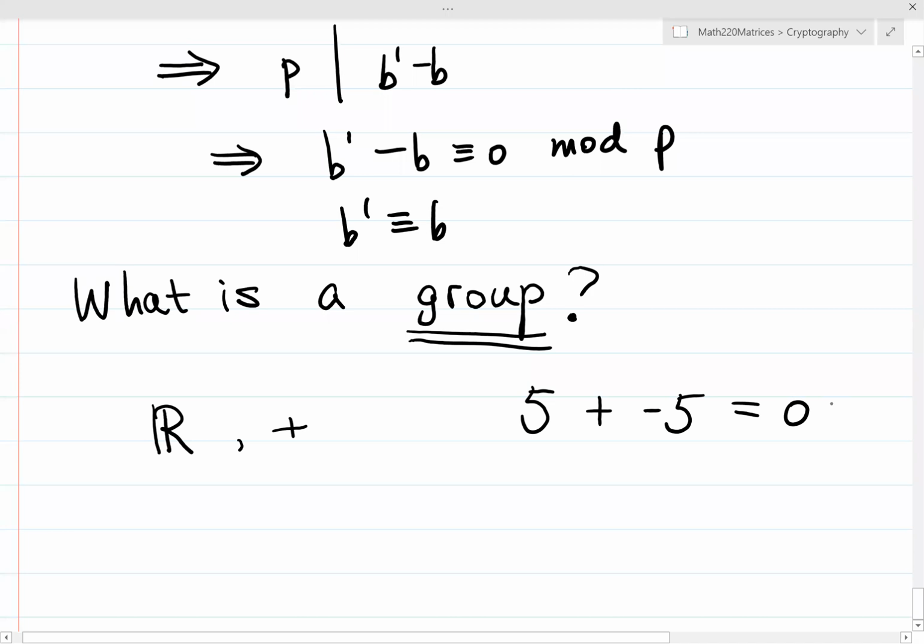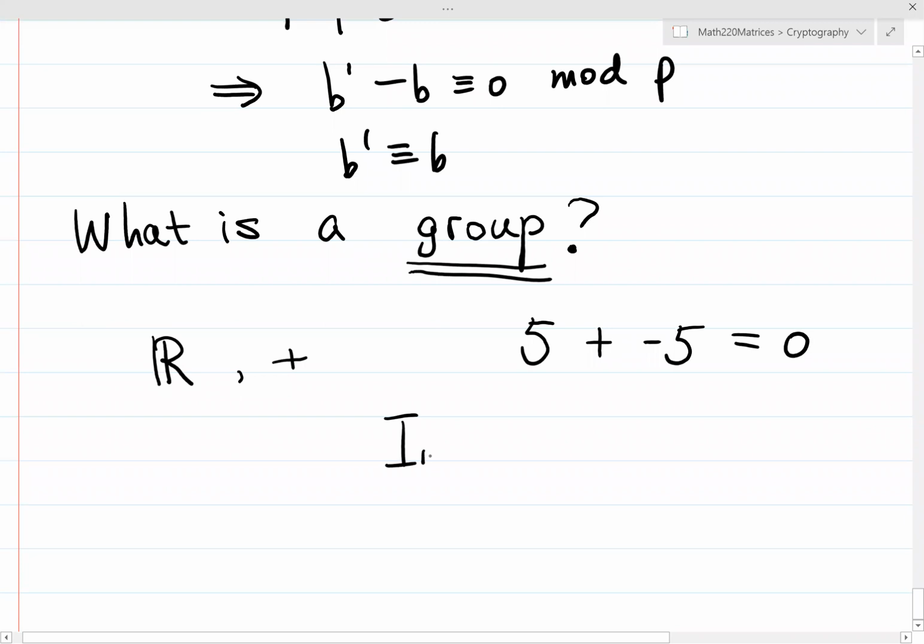You can think of this as translation. 5 means translation to the right by 5 units, and negative 5 means translation to the left by 5 units. So you translate to the right and then translate to the left, which means no translation, by 0. So the identity element is 0.